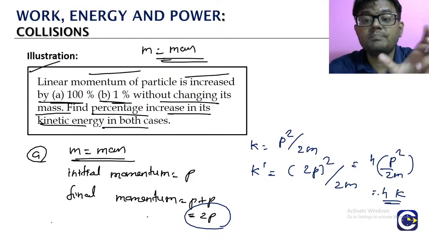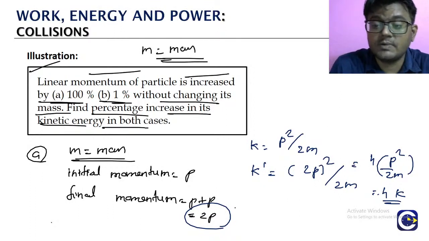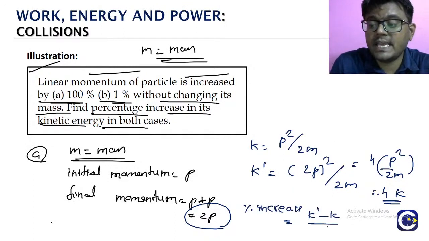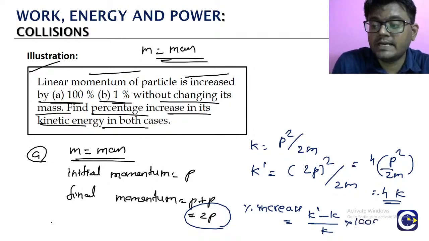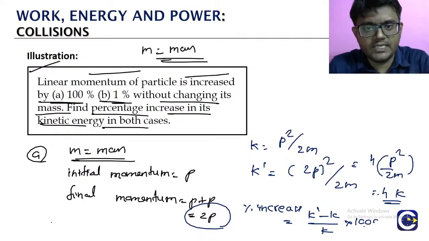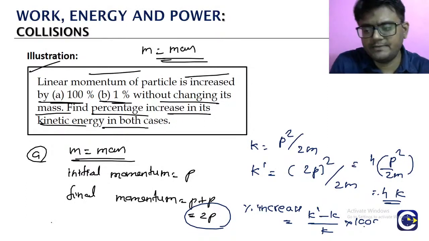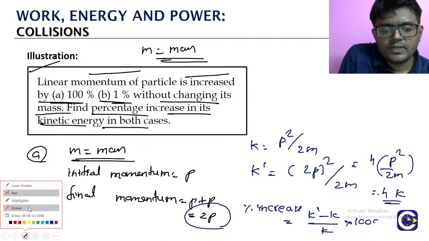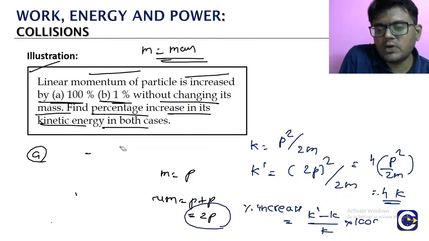They're asking us what is the percentage increase in the kinetic energy. What do you mean by percentage increase? Percentage increase means what? K dash minus K by K into 100. That's it, right? The increase in kinetic energy divided by the original kinetic energy into 100. So look at this. What is K dash value? K dash is what? It will be 4K, right?